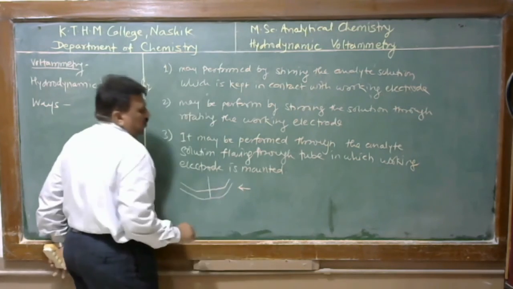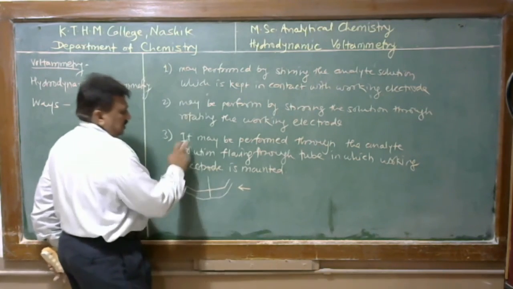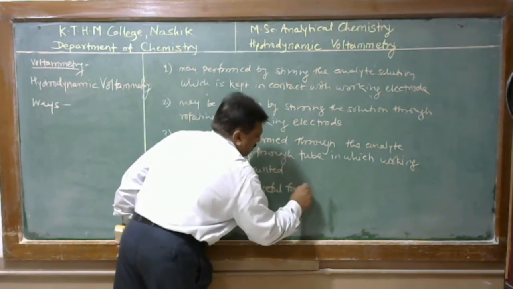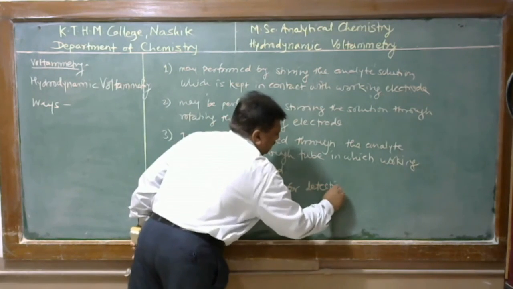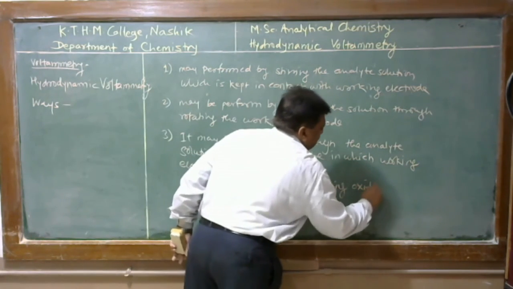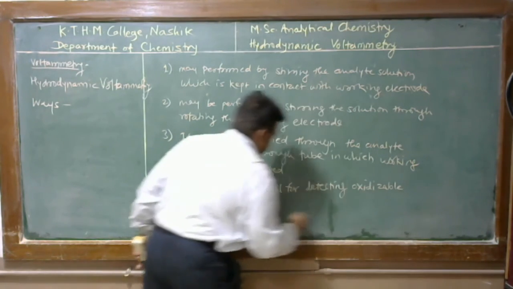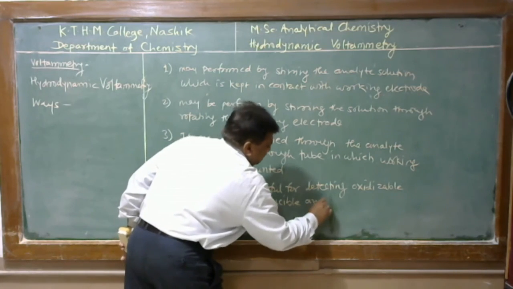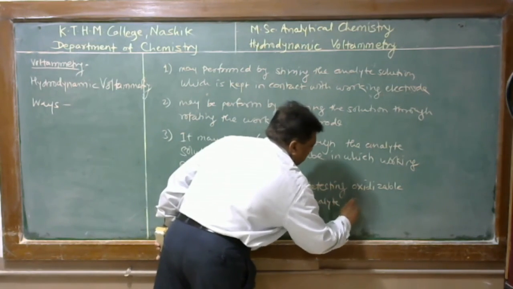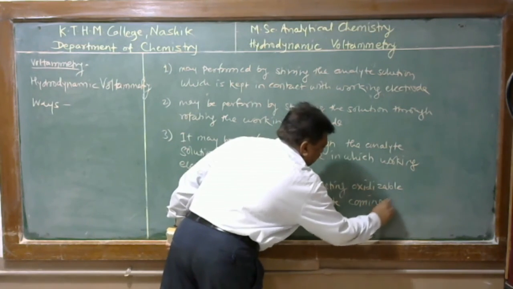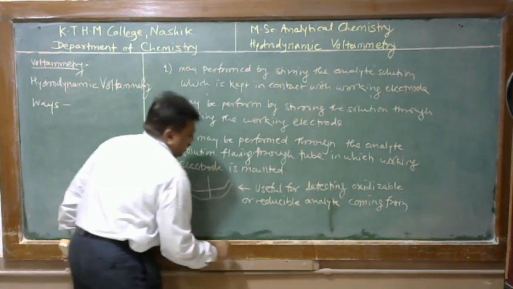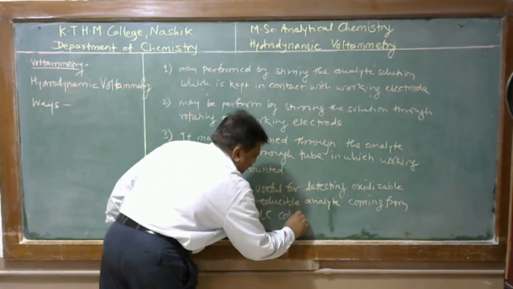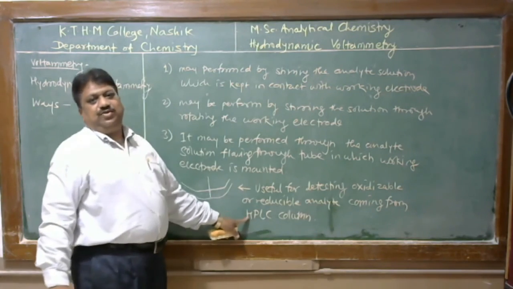This third type of hydrodynamic voltammetry is useful for detecting oxidizable or reducible analyte species coming from the HPLC column, that is, liquid chromatography.